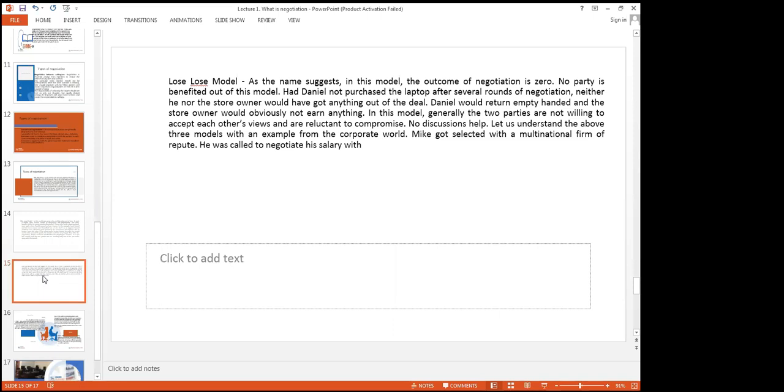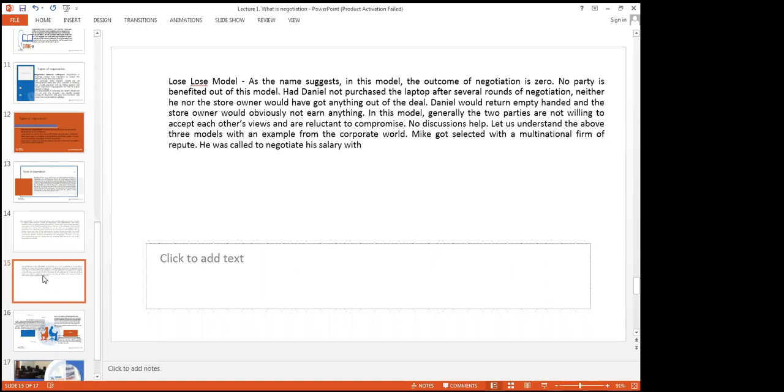I think you have read and imagined what this kind of negotiation means. As the name suggests, in this model the outcome of negotiation is zero. No party is benefited out of this model.